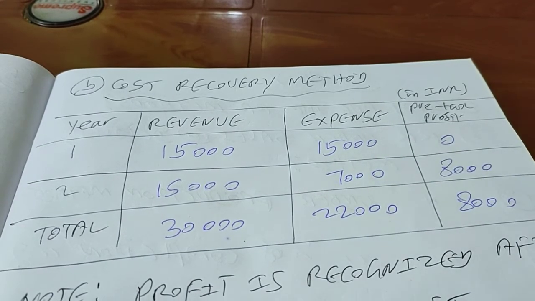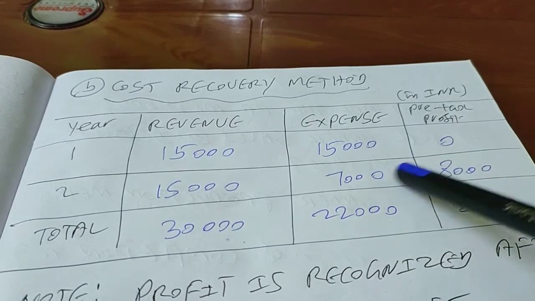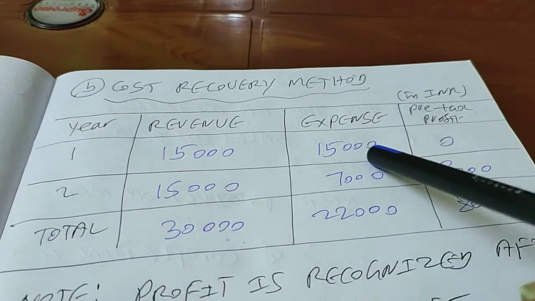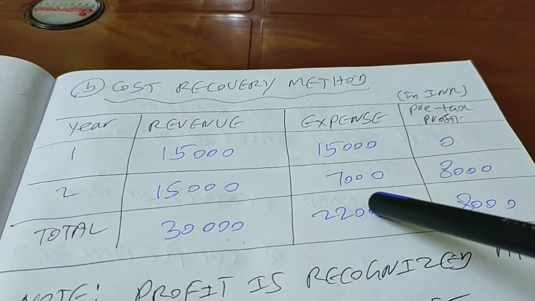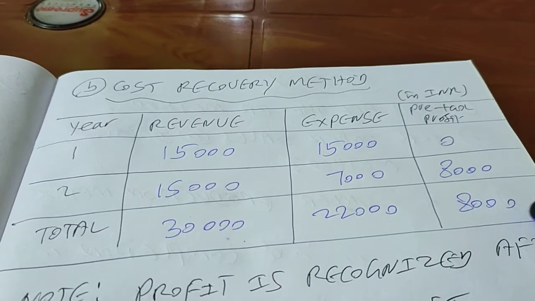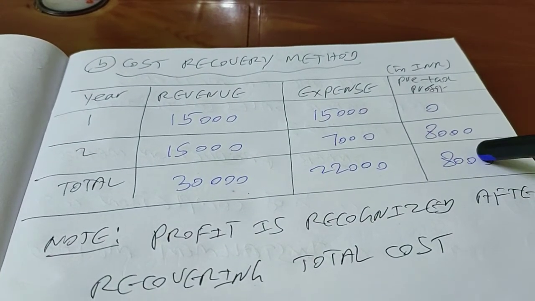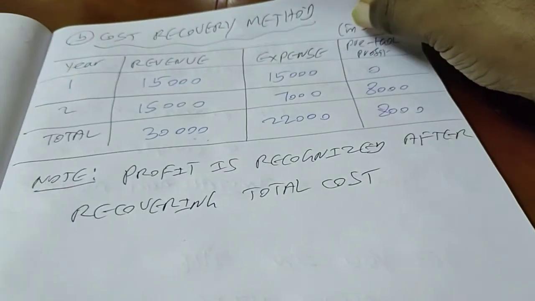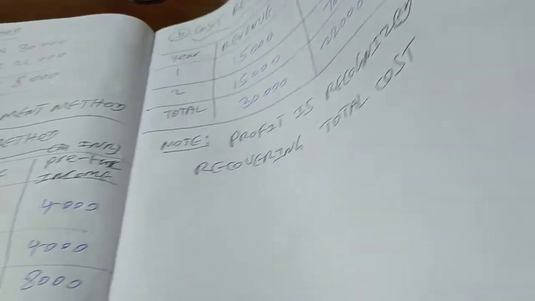The rest to be recovered is 7,000. So the pre-tax profit for year 1 is revenue minus expense, 15,000 minus 15,000, 0. Second year it is going to be 15,000 minus 7,000, so 8,000. So total profit is 8,000. So this is the cost recovery method. That means profit is recognized after recovering total cost, right? Correct? Yeah. So that's it, guys.